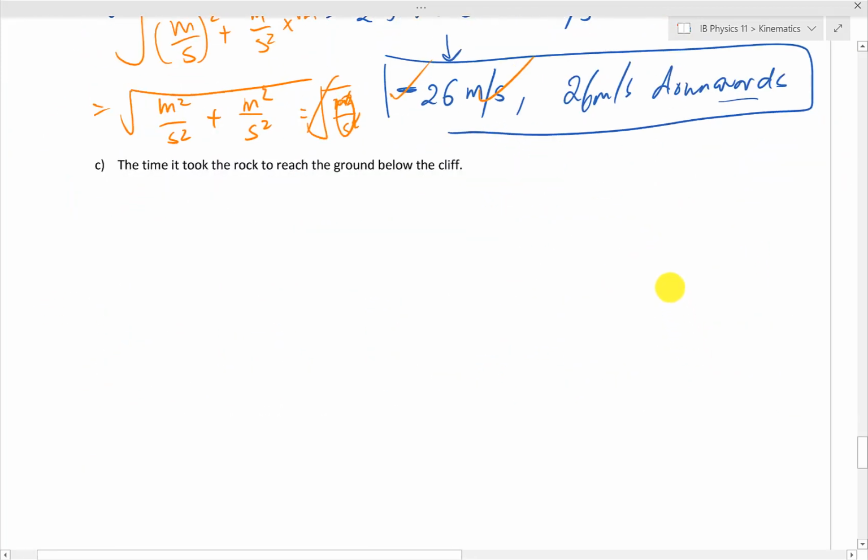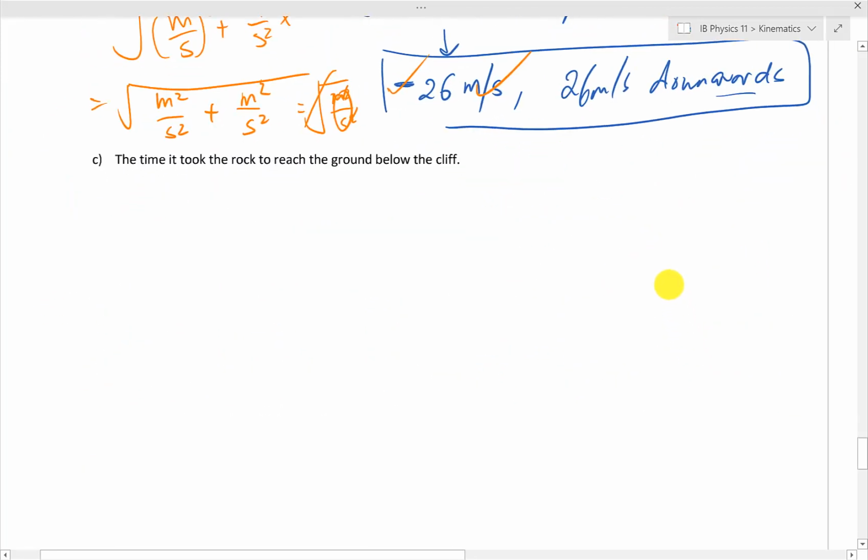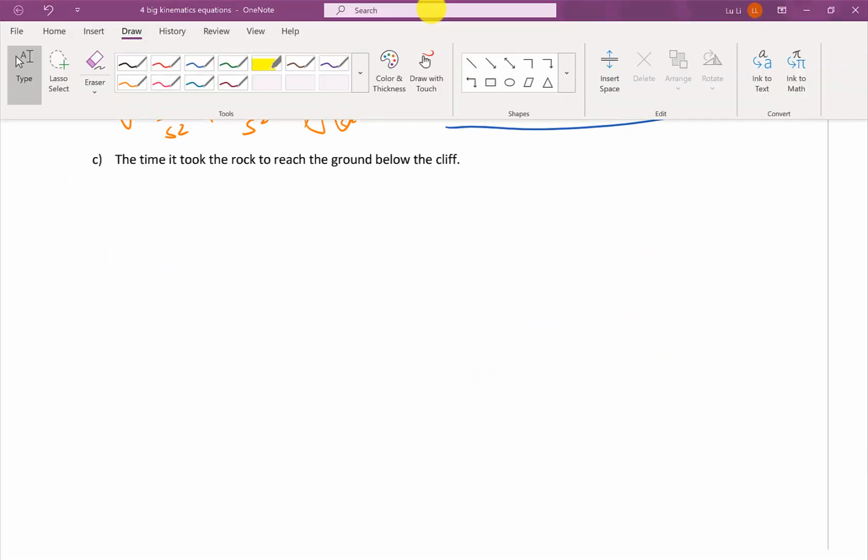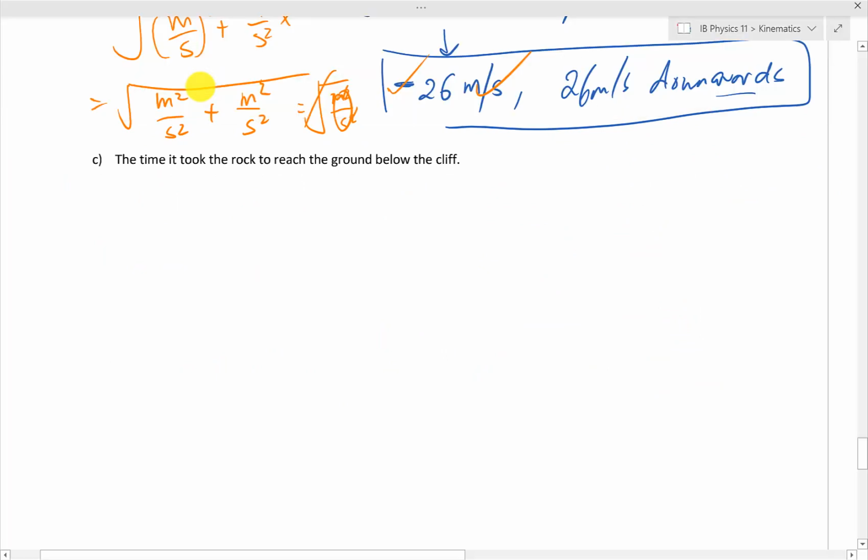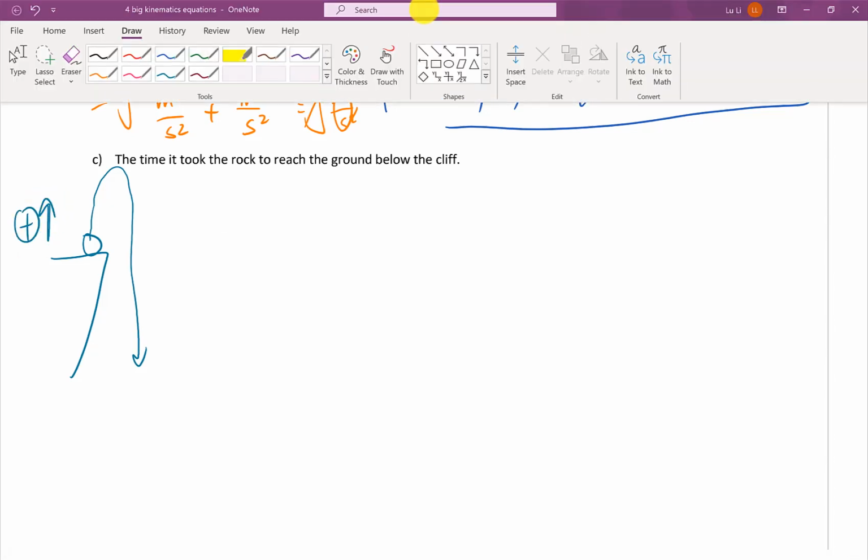Next up, we have C, the time it took the rock to reach the ground below. Okay, so we're below the cliff again, so exactly the same setup as last time. It reaches the ground, and I'm going to label that as my positive direction.